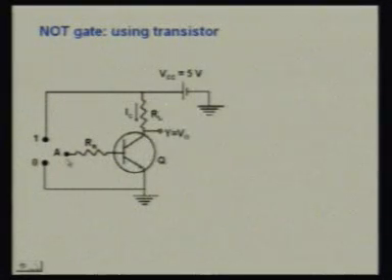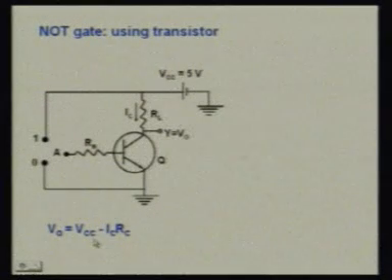So again the same principle: if A is connected to 1, this transistor Q will be in the on condition, there will be a heavy current through this resistance RL, and since we are measuring voltage across the collector and ground, that is the emitter, V output is again VCC minus IC into R. When Q is in the on condition, this will be a large quantity and we will get VO as low. So when A is in the 1 state, Q will be on and the output will be low.